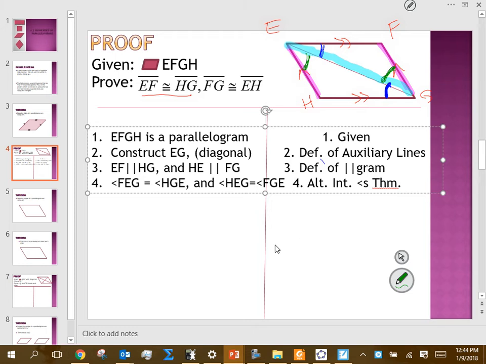And the reason for that is alternate interior angles again. Is that doable for everybody? Okay. So I'm just going to clean the picture up real quick.